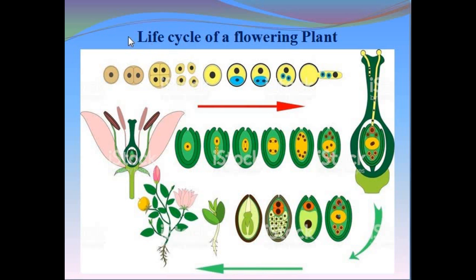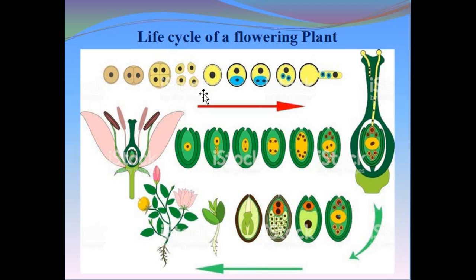In this slide, we can see the whole process of double fertilization or the life cycle of a flowering plant, where this is a flower, the calyx and corolla are accessory whorls, and androecium and gynoecium are necessary whorls. In the androecium, there is an anther, by the phenomenon of microsporogenesis, which is a reductional division.